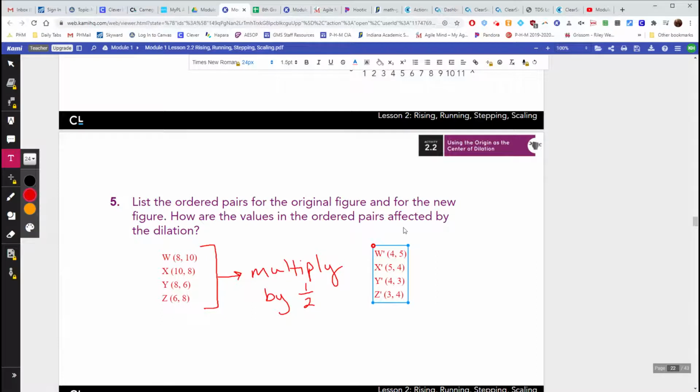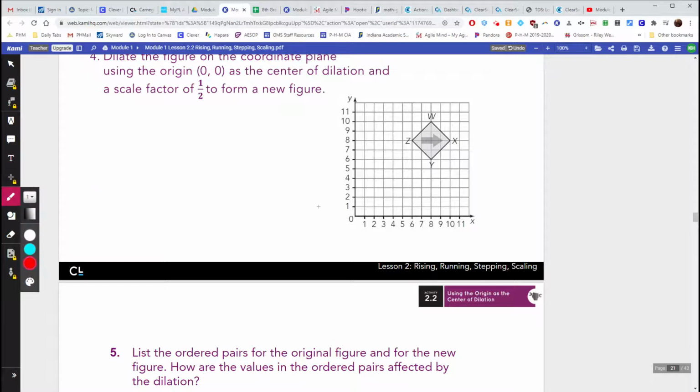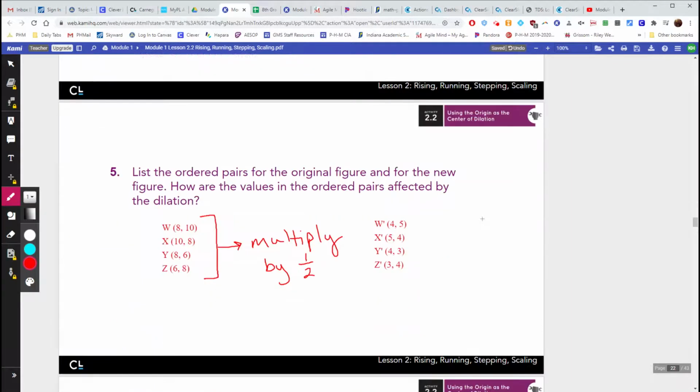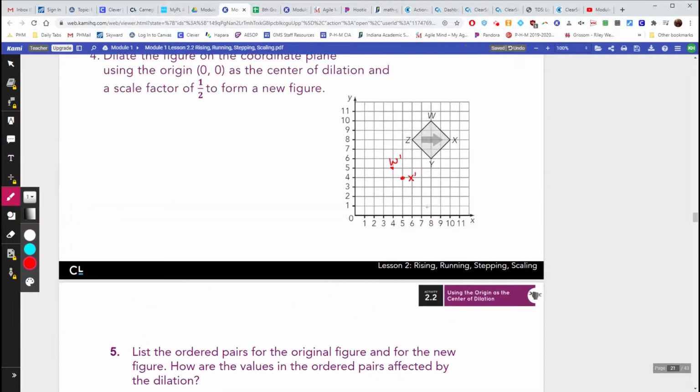Here are the coordinates of the new image after this dilation using a scale factor of 1/2. Let's plot it and just see what happens. So W prime is going to be at 4, 5. So right here is W prime. X prime was at 5, 4. So here's X prime. Y prime, 4, 3.